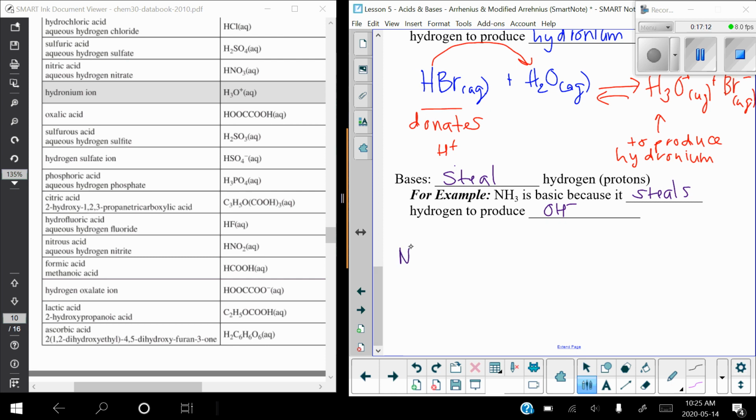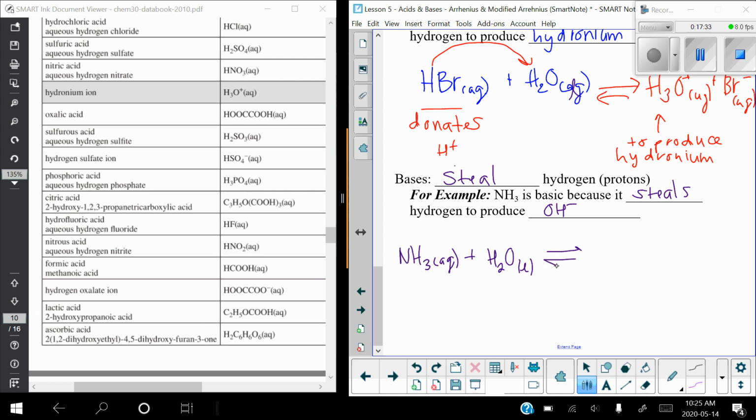So you have NH3, aqueous. Oh, sorry, water should be liquid, plus H2O, liquid, with our equilibrium arrows.